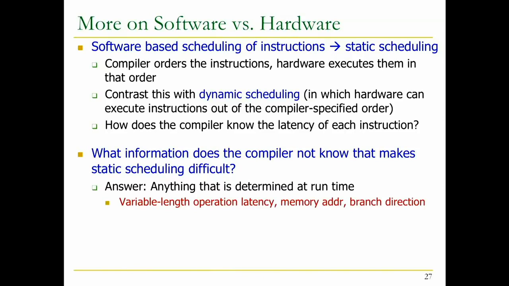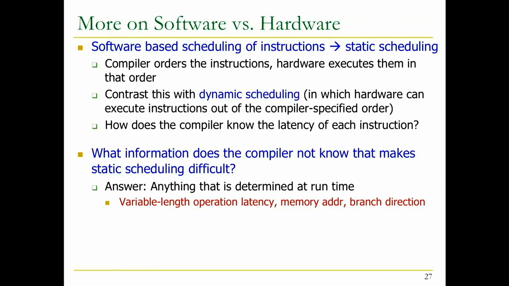This is one example. Another example is if you have a cache in your processor, which we will hopefully talk about later on in the course, but basically your memory access may not always be a single cycle, right? In fact, it's not common that you have a single cycle memory access, because you may have a cache miss.